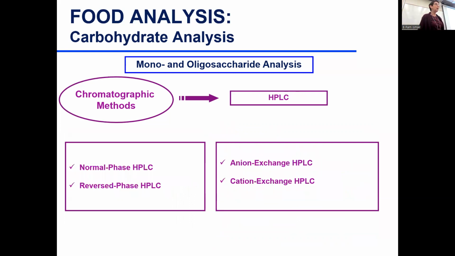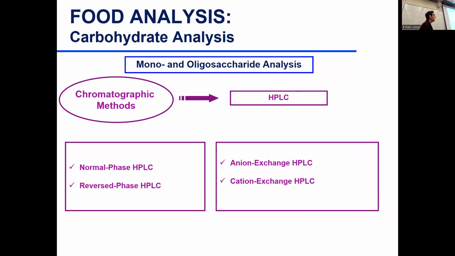Now I'll spend some time talking about liquid chromatography and later on gas chromatography used for mono-, di-, and oligosaccharide analysis. As we explained when we were talking about chromatography earlier in the semester, sometimes the same compound can be analyzed by different modes of separation.